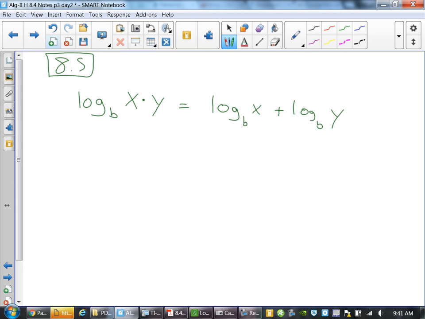The reason why we write it out like that is because it goes both ways. You can expand or you can condense. When things are being added together with logarithms, if they have the same common base, you can put them together as multiplied. Okay, same idea. If they're being multiplied, you can split them apart and be added.